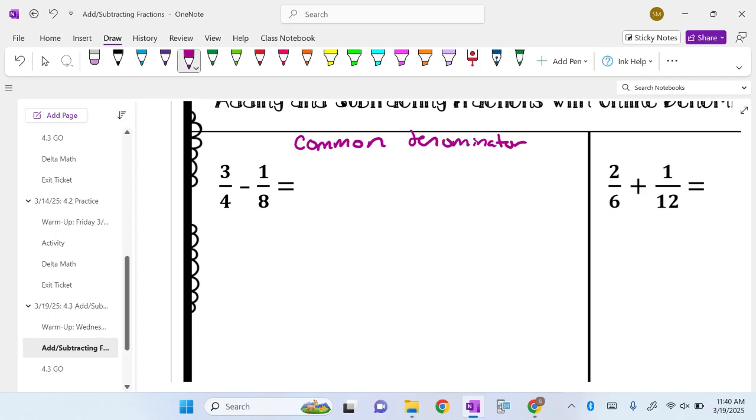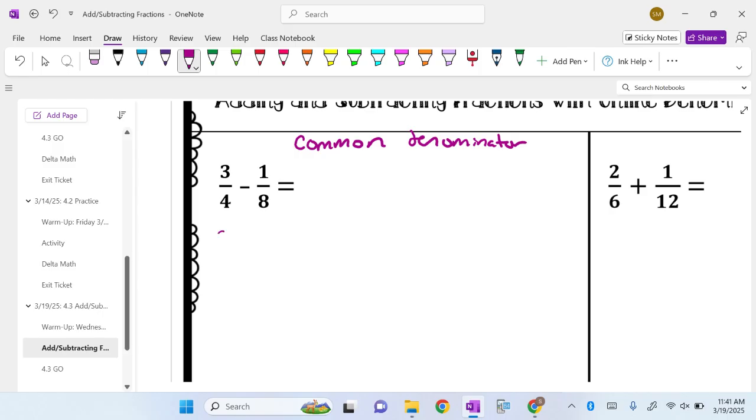You can do it by finding the GCF of the denominators, or you can simply find a number that you know is both divisible by 4 and 8 and then multiply to get to that number. Either way. So, what denominator do you guys want to shoot for? 8. So that's actually the GCF as well. So we're going to shoot for 8.